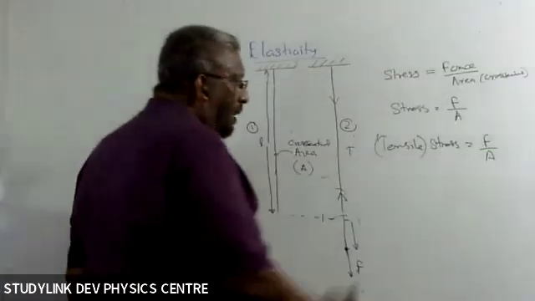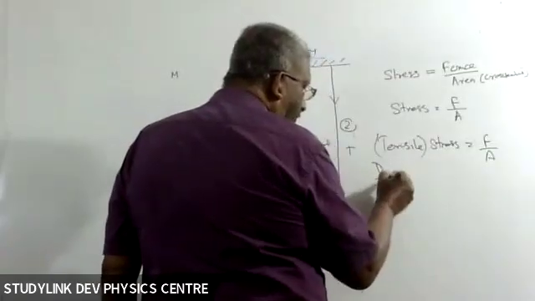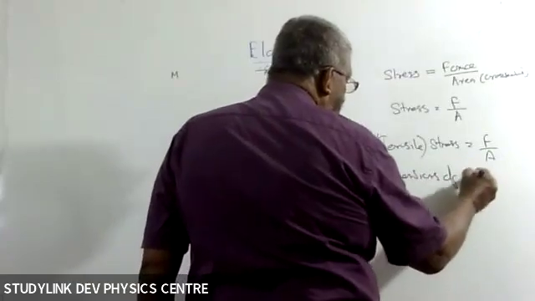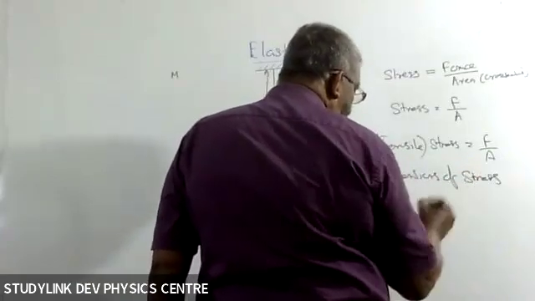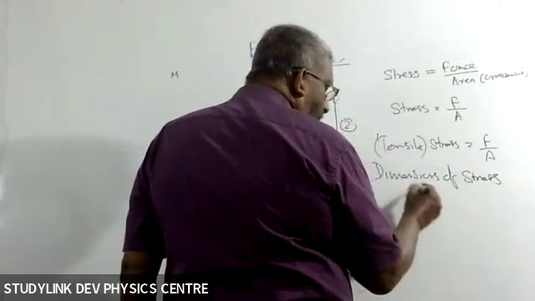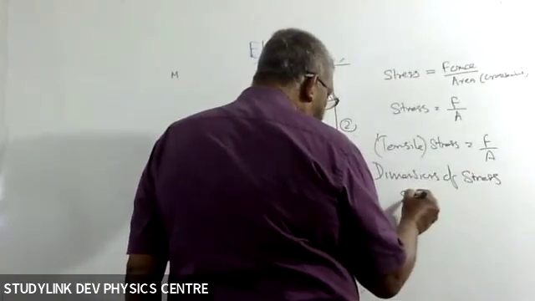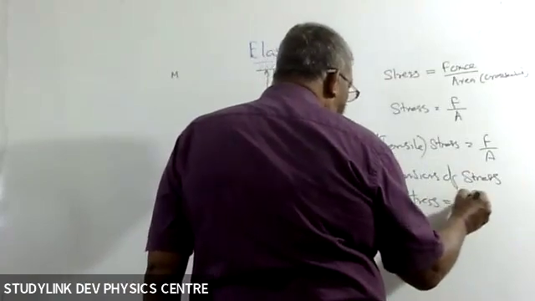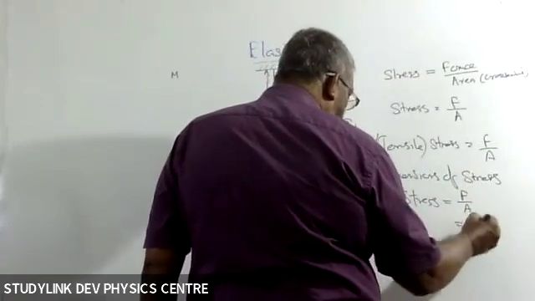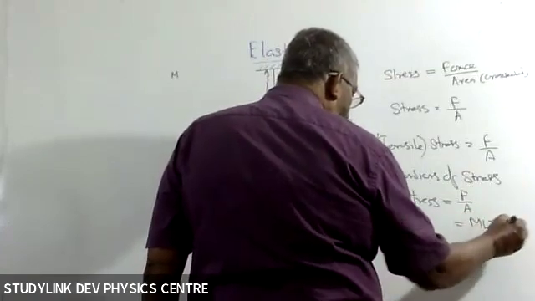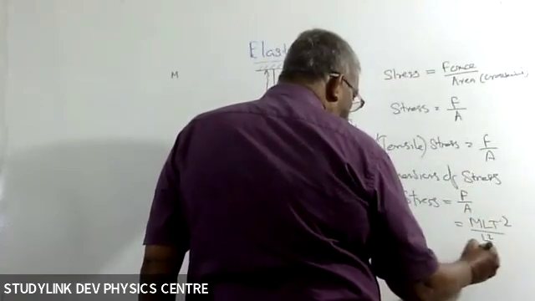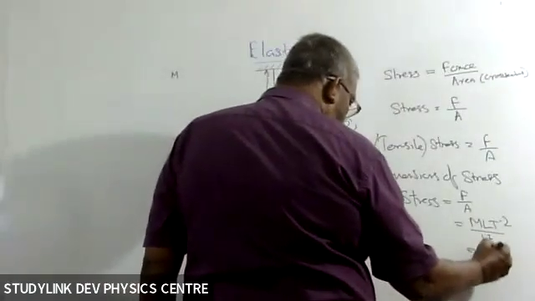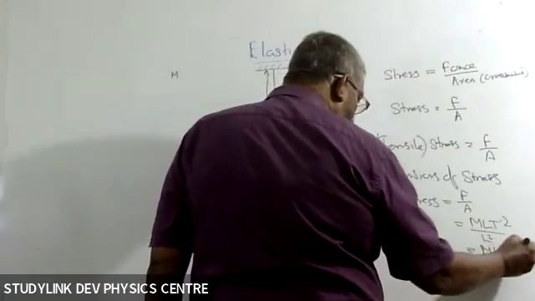Then we have to consider the dimensions of stress. Stress is force divided by area. The dimension of force is mLT^-2, and area is L squared. Then L is taken up as L^-2, giving mL^-1 T^-2.